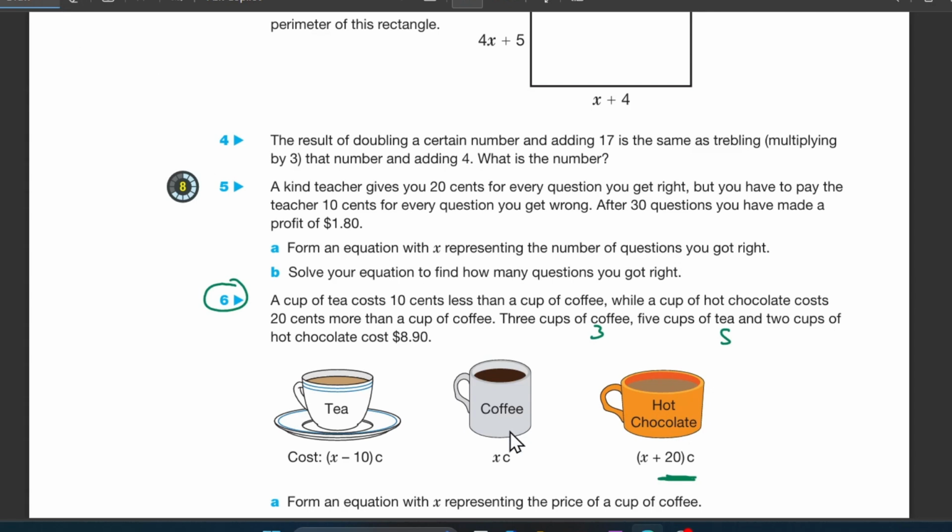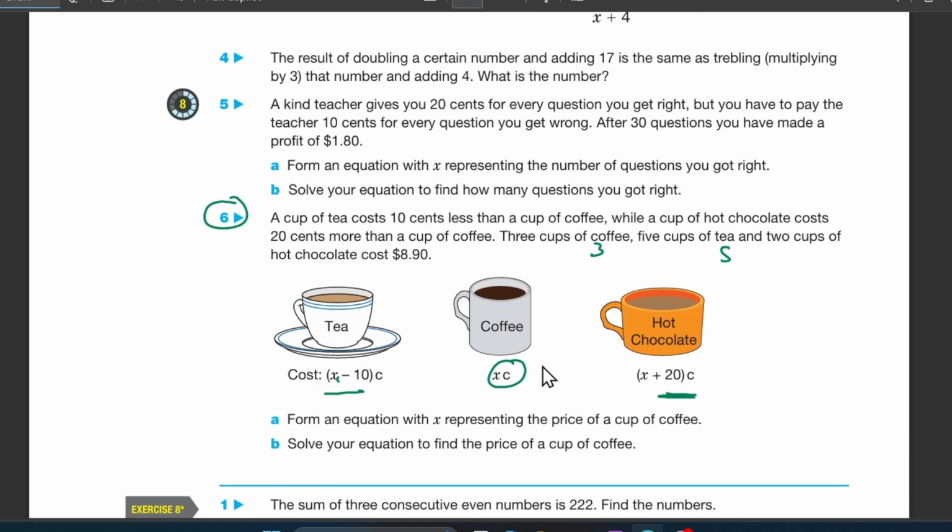And the cost of tea is less than a cup of coffee. So, okay. Now they have given, we have taken 3 cups of coffee, 5 cups of tea, and 2 cups of hot chocolate.